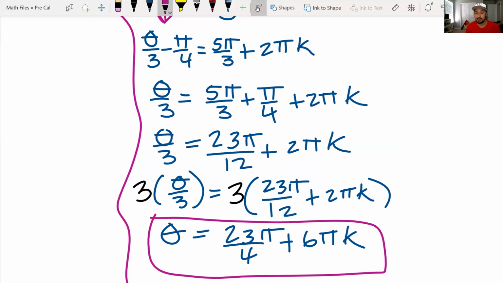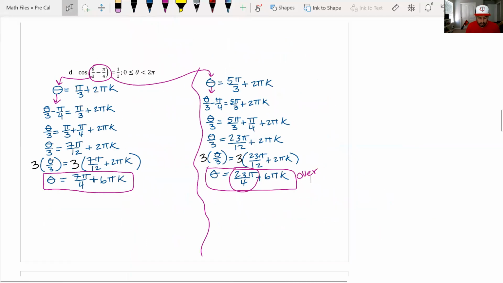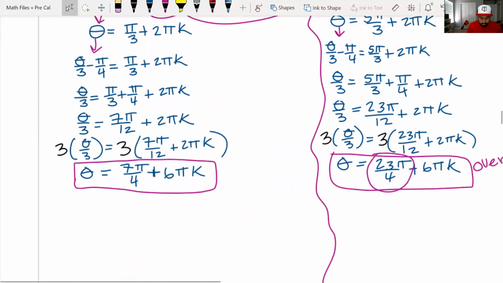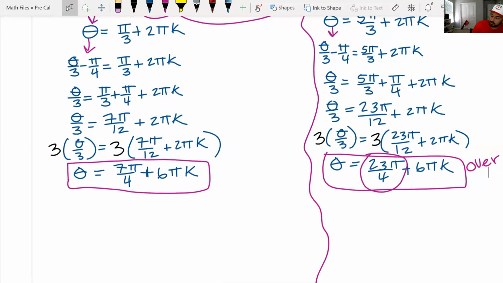And there's our general solution. But we can't use it because 23 pi over 4 is definitely over the unit circle. Perfect. So I think we know what our only solution is.